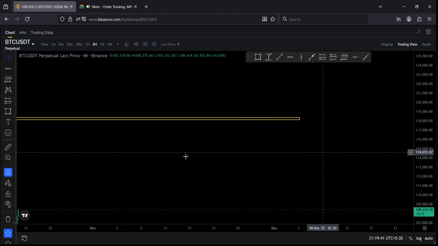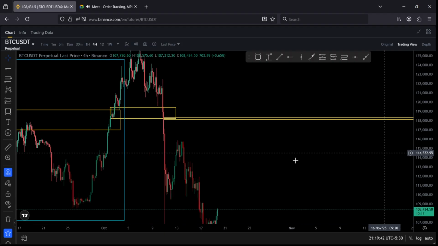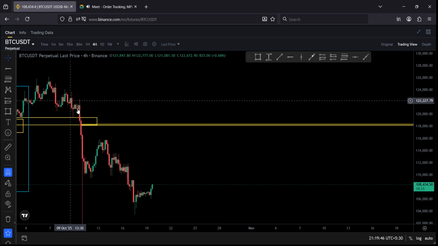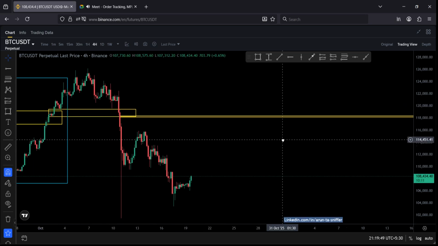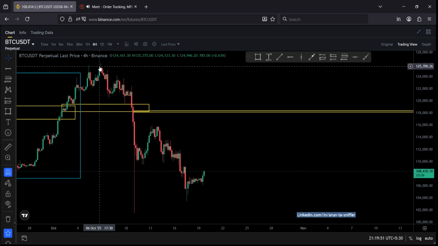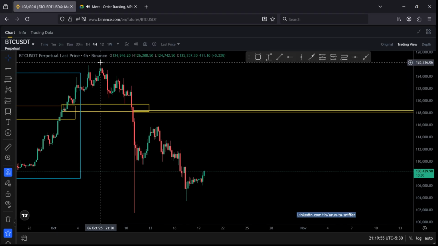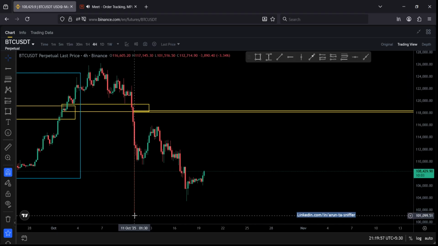If you look at this move, how will you decide which zone has importance? From here to here price dropped; this was the highest point, this is the lowest point.